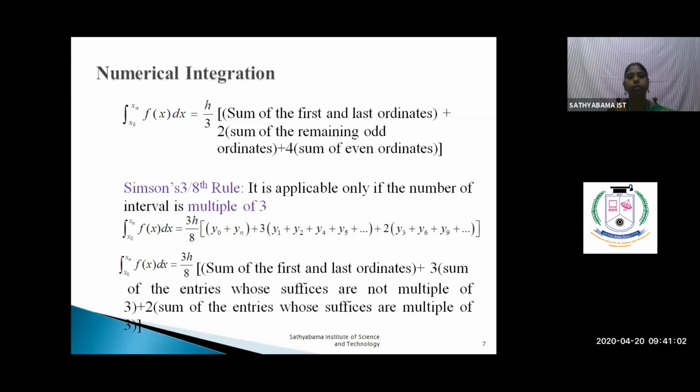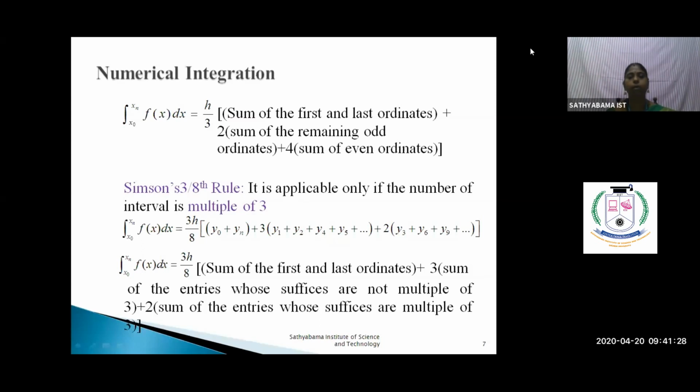And according to the ordinates, that formula is given as h by 3, sum of the first and last ordinates, that is y0 plus yn, plus 2 times the sum of the remaining odd ordinates, that's nothing but y2, y4, y6, etc., plus 4 times the even ordinates, which are nothing but y1, y3, y5, according to the count I have written here.